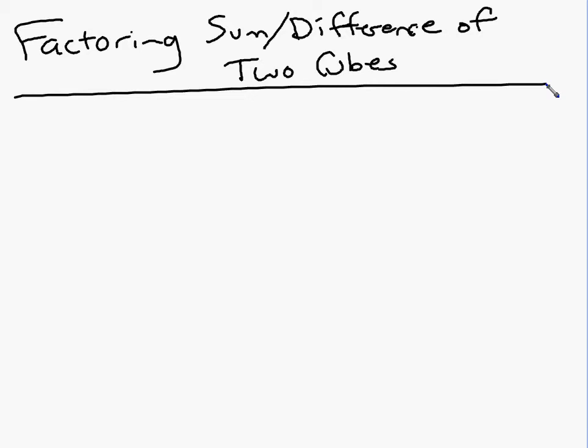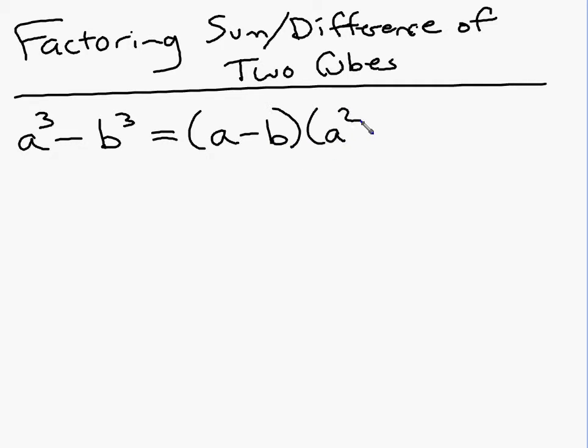We've learned how to factor the difference of two squares, but not the difference of two cubes. So here's the first formula. If I have a cubed minus b cubed, if you follow this formula, it will tell you how to factor it. It will factor into a minus b times a squared plus ab plus b squared.